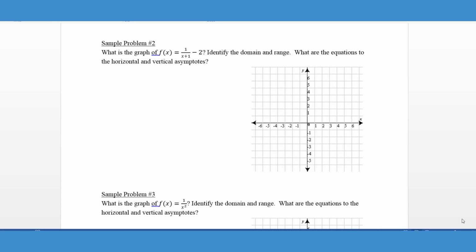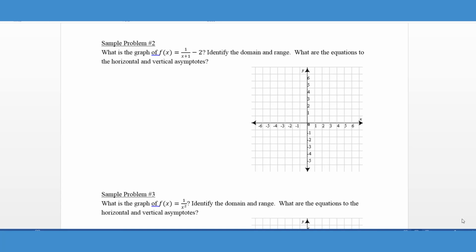First of all, the a value is a 1, so this is just the standard reciprocal function. The curve is not getting farther away from the origin, or in this case where the asymptotes cross. It's your standard reciprocal function curve. Now, we have x plus 1, and remember that h is always opposite, so this is going to go back 1.